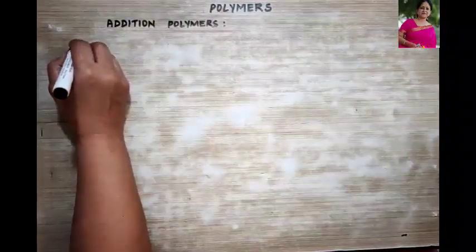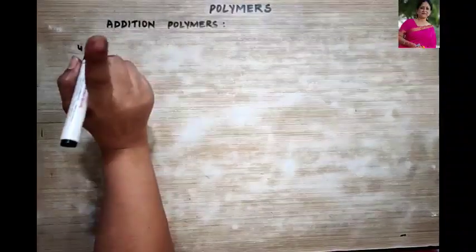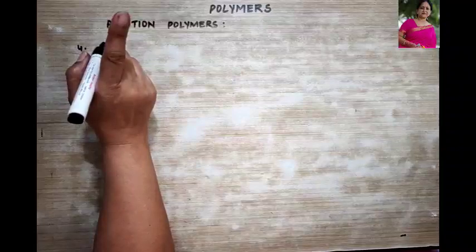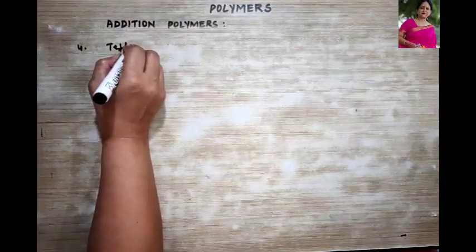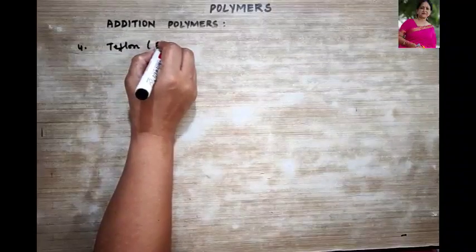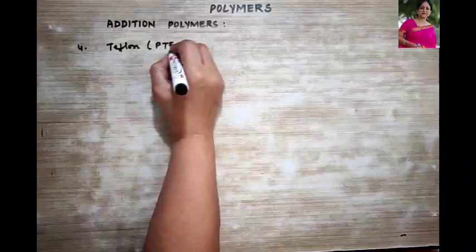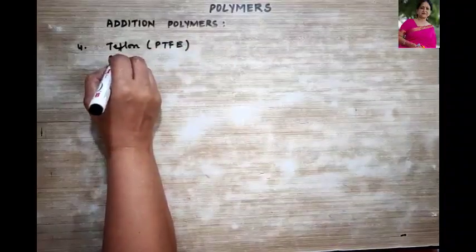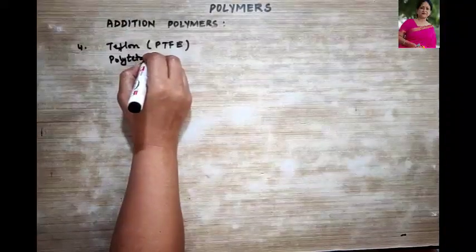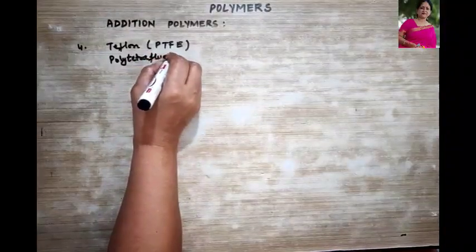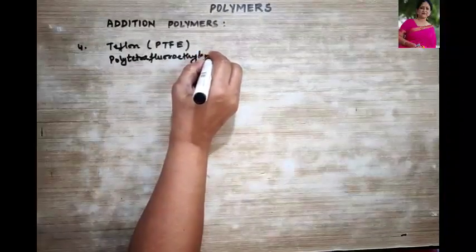Let us now come to the fourth type of addition polymer, polyhaloolefins, right? What was that? I told you Teflon, which is also called as PTFE. The full form of PTFE is polytetrafluoroethylene.